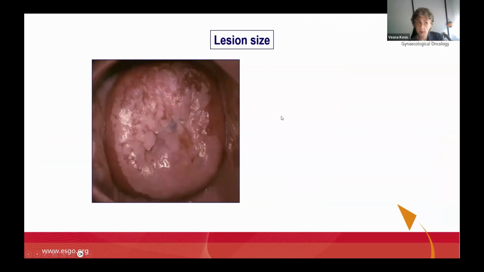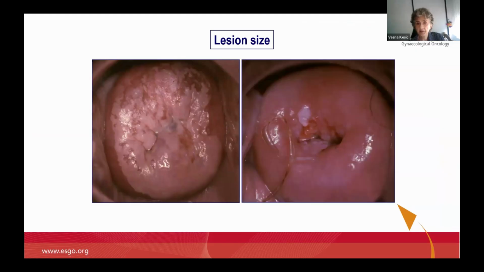Finally, the terminology counts lesion size, and it is a big difference whether the lesion is small, in one quadrant, or occupies all four quadrants. But I put these pictures just to warn you that high-grade lesions are not necessarily that big.